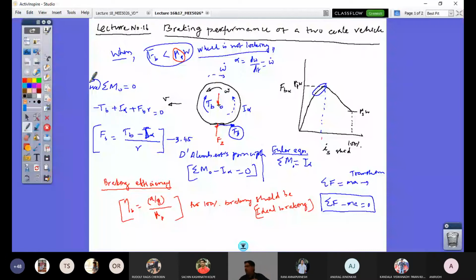These free body diagrams are quite useful to get our quantitative measures. We are going to continue with that to understand more physical insight in today's lecture as well.